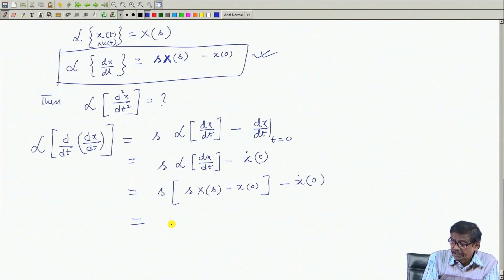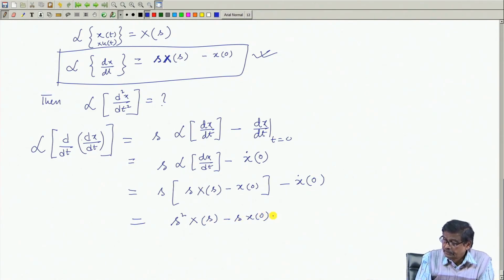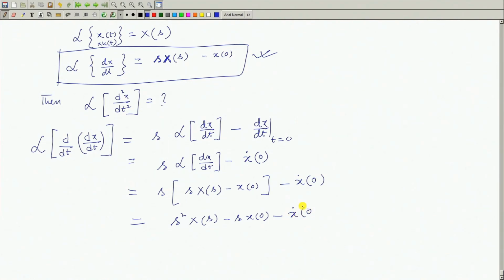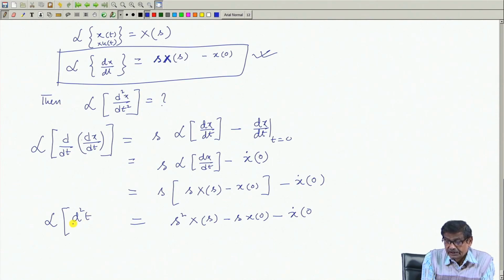If you open this bracket, it will be s squared into X(s) minus s into x(0) minus x dot(0). So this is the Laplace transform of d2x/dt2.